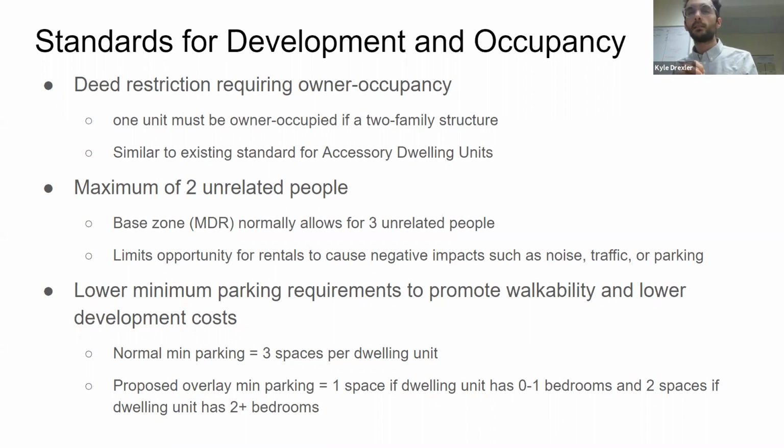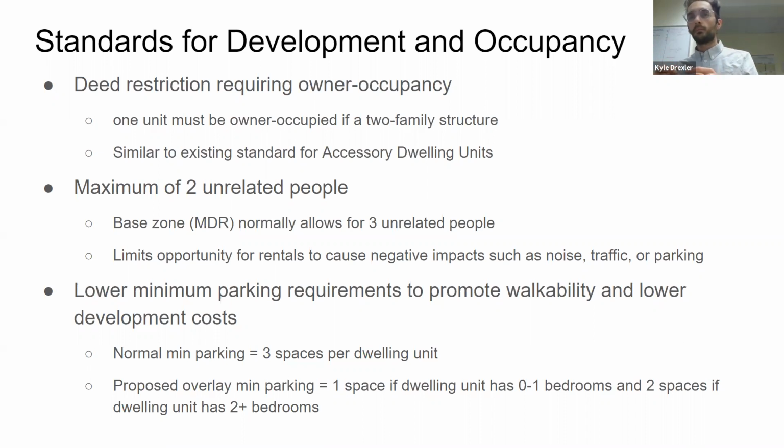In the base medium density residential zone, you're allowed to have 3 unrelated people in any dwelling unit. So if you're all related and a family, that counts as one person.